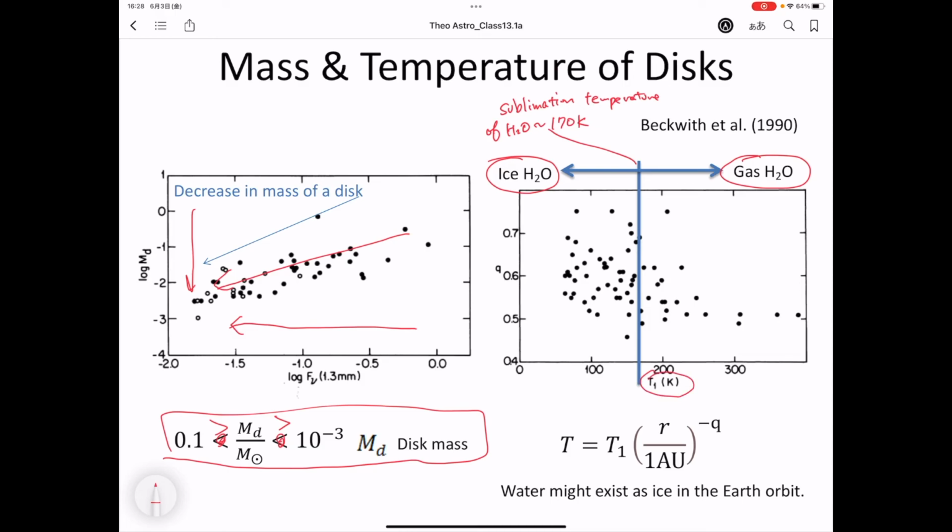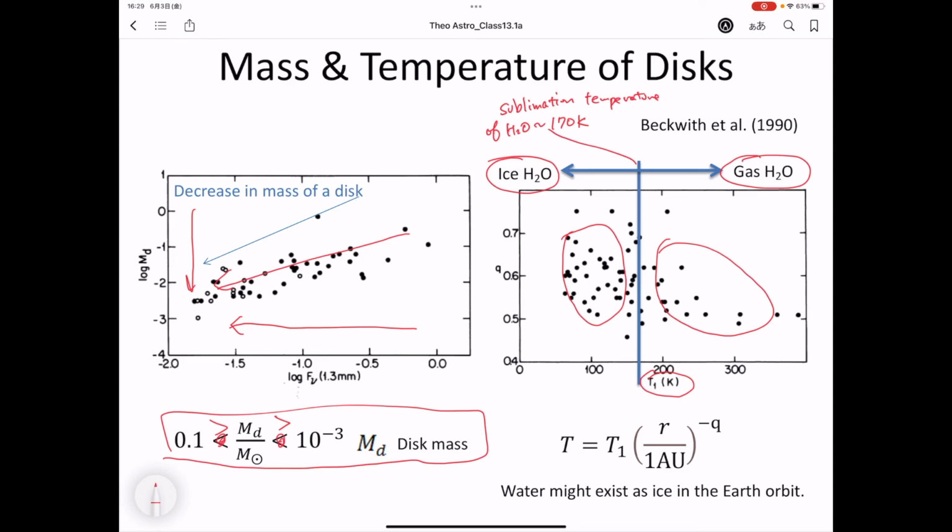Some of the disks have a temperature lower than the sublimation temperature of H2O. In this disk, water might exist as ice at Earth's orbit of 1 AU from protostars. In this other disk, the temperature is higher than the sublimation temperature of H2O, so H2O is in the form of gas.